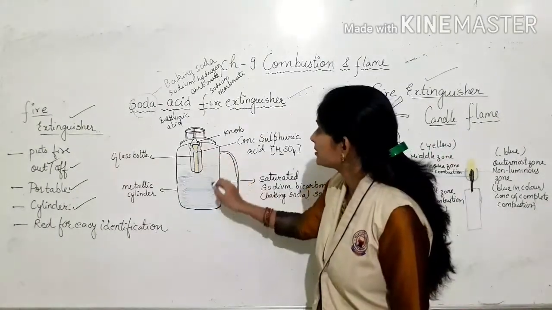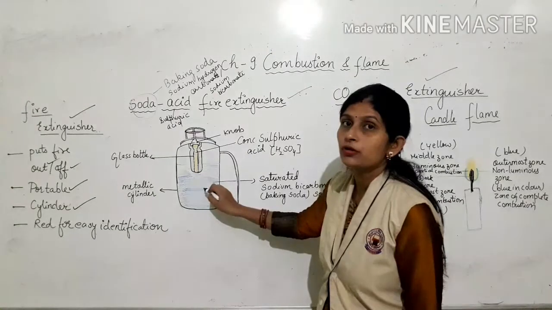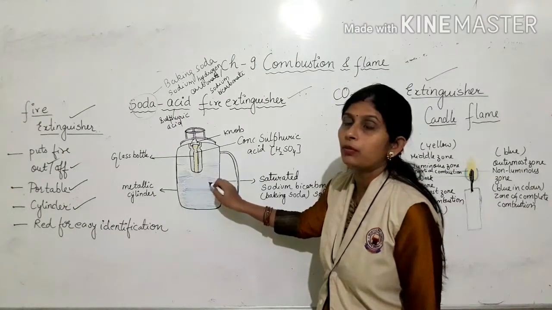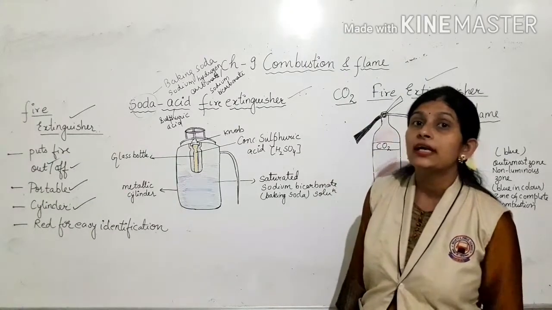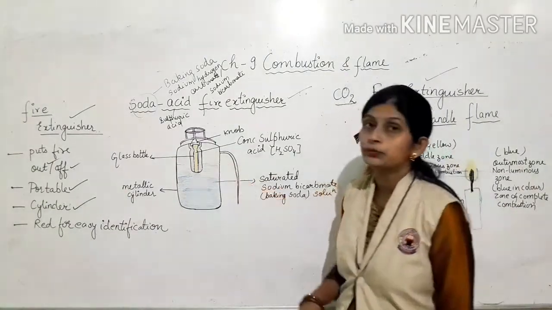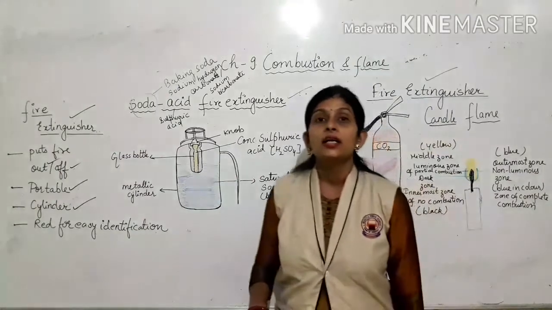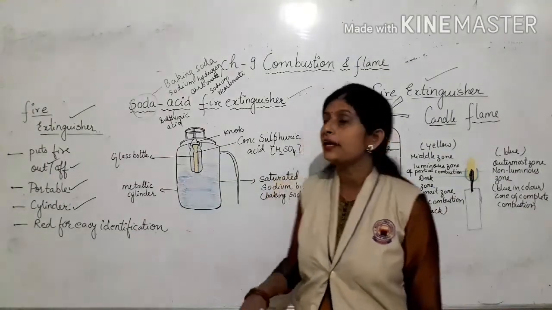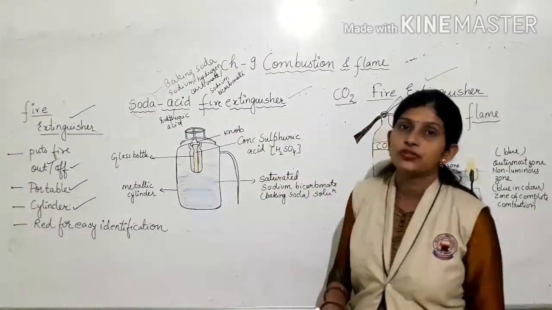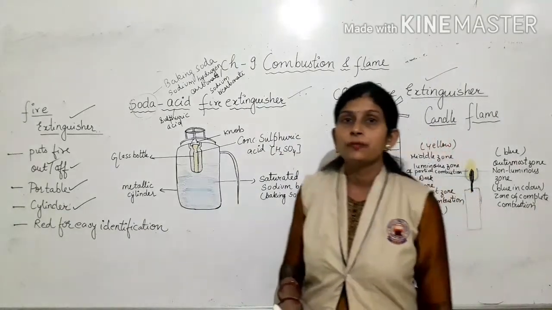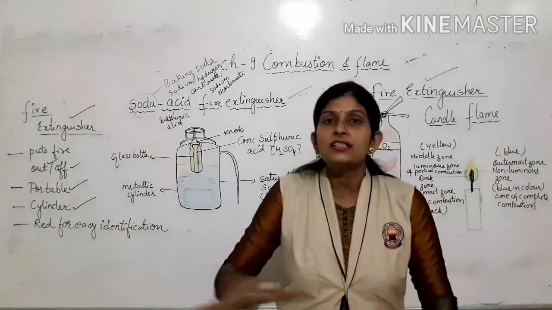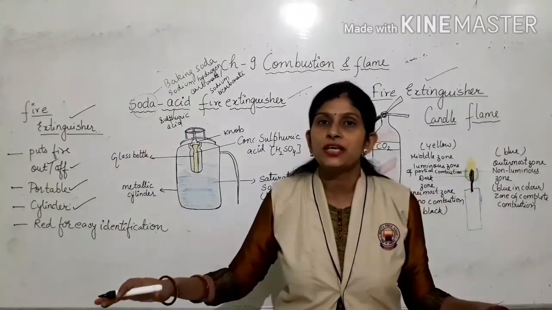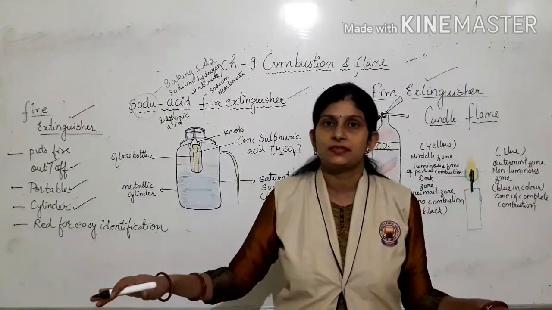When this is mixed, then a chemical reaction takes place between the two. As a result, large amount of carbon dioxide is released, which acts as a blanket and covers the fire or burning substance or combustible substance.